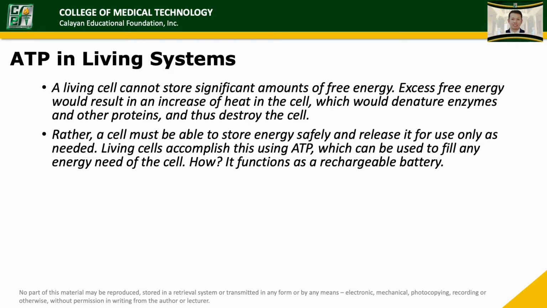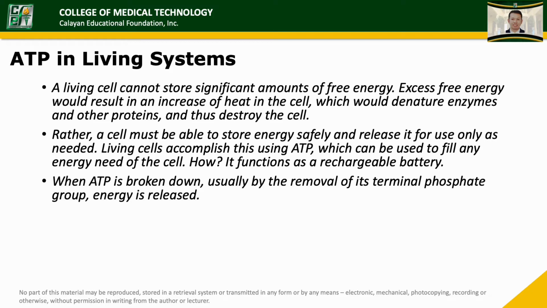Living cells accomplish this using ATP, which can be used to fill any energy need of the cell. And the question is how. It is the same as the function of a rechargeable battery. When we use a rechargeable battery, whenever it becomes low battery, we just plug it in and recharge it, and then we can continue using it.